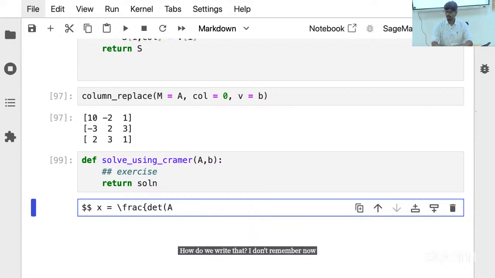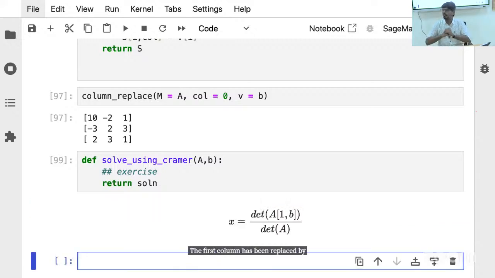Let me write it like this: A1B, and I'll interpret it like the first column has been replaced by B. Is that okay?